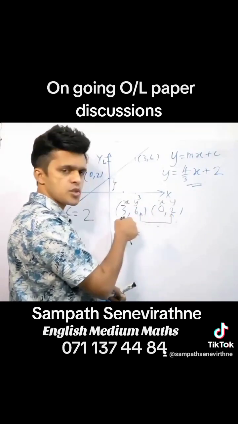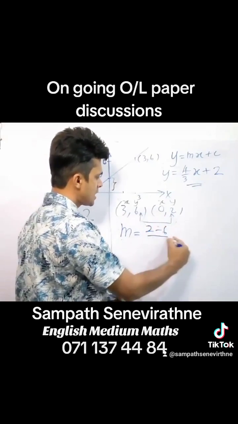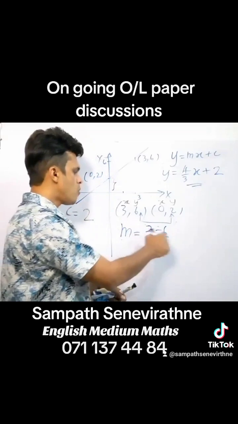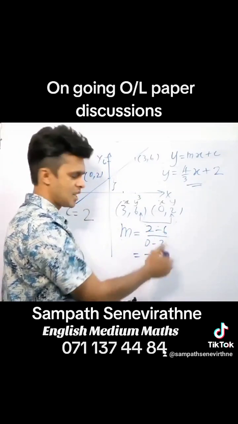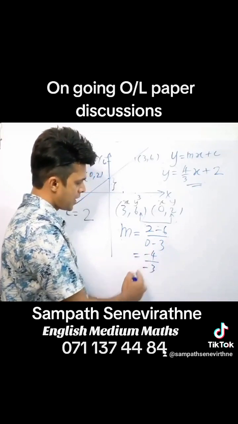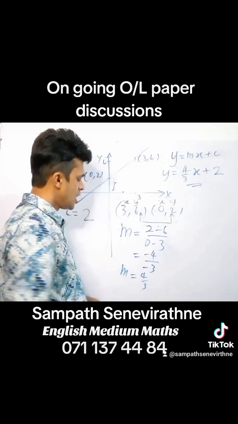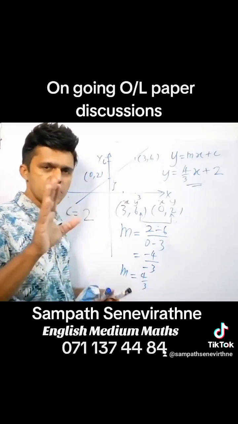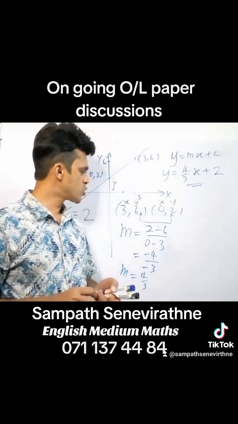In this way also you could simplify: 2 minus 6 over 0 minus 3. 2 minus 6 is minus 4. 0 minus 3 is minus 3. So minus over minus gives plus 4/3. The same answer we've taken. When you use this way also, you could get the previous answer. One method can be used, right? You don't need to use two methods.